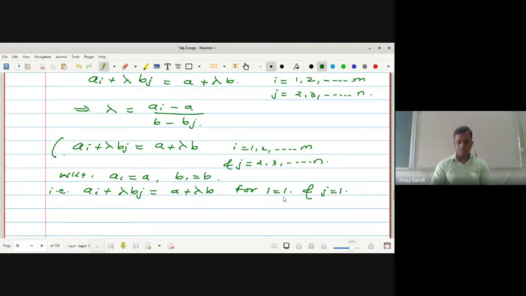Is it correct? We assume that a1 is equal to a and b1 is equal to b. So a1 plus lambda b1 is equal to a plus lambda b. Any doubt in this statement?